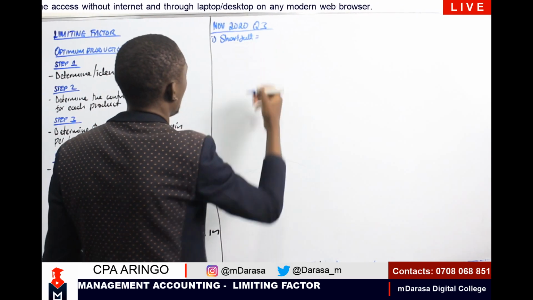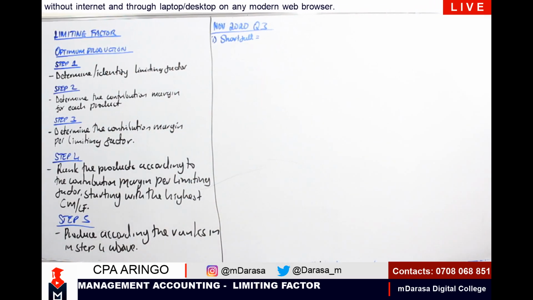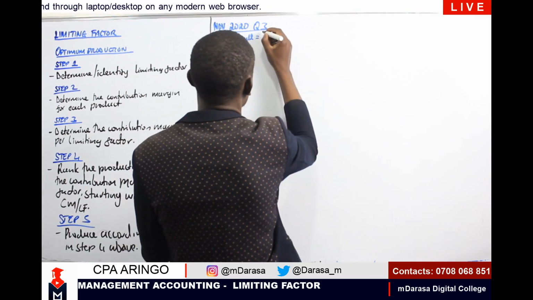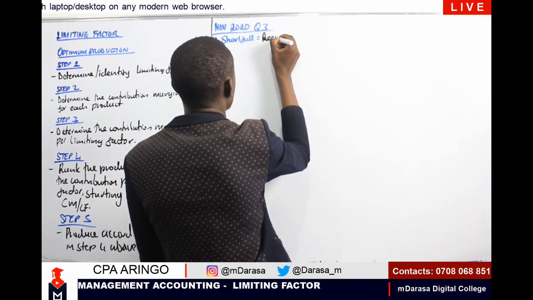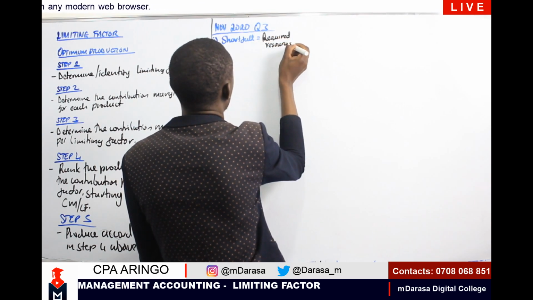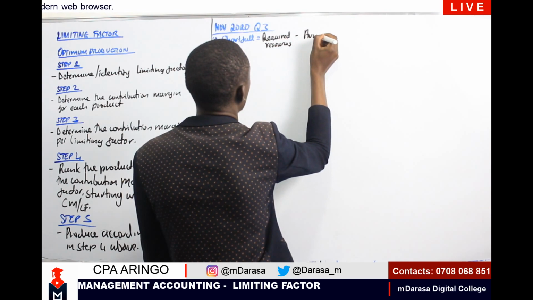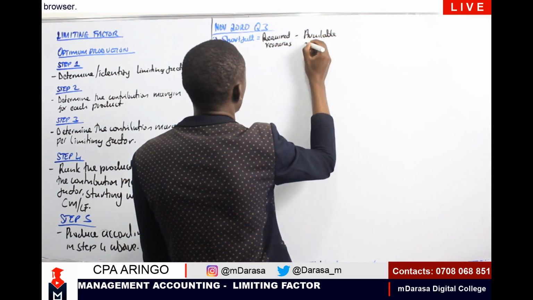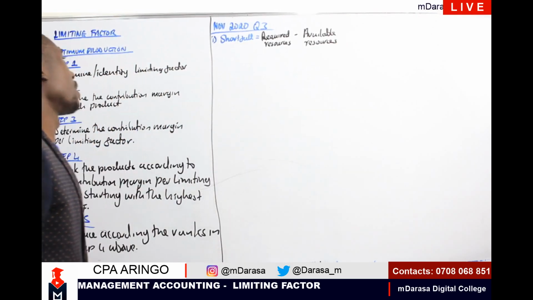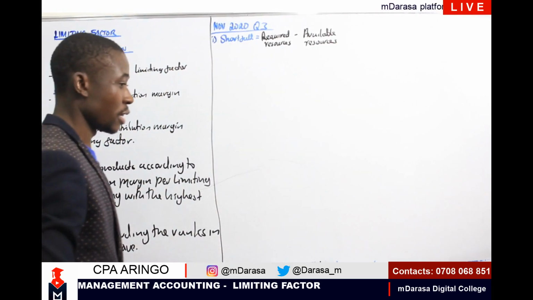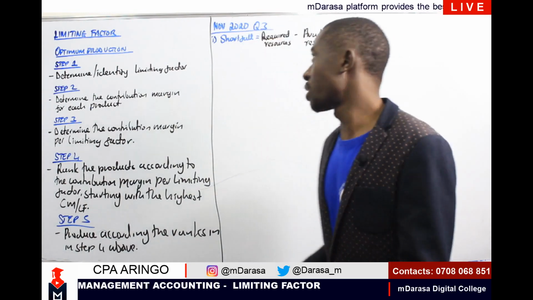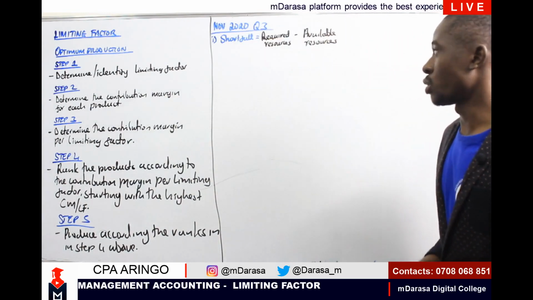And you know very well, when I'm required to determine our shortfall, we are going to consider our required resources minus available resources. That should give us our shortfall. Required resources minus available resources.